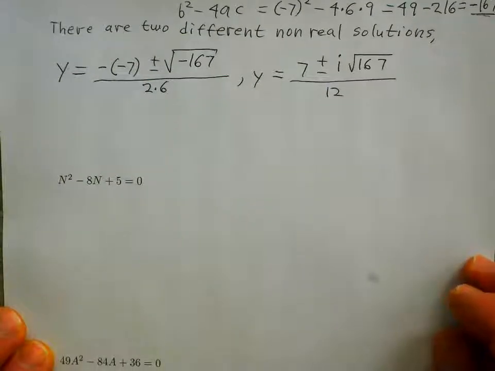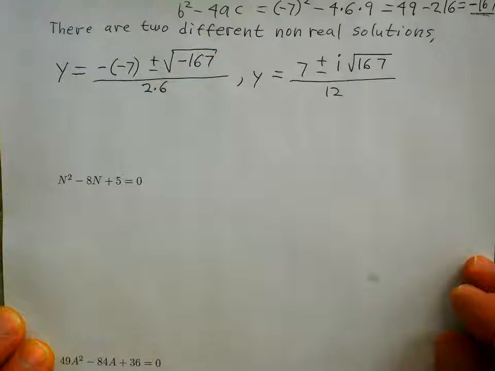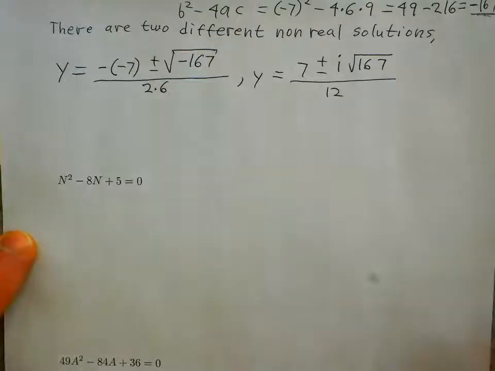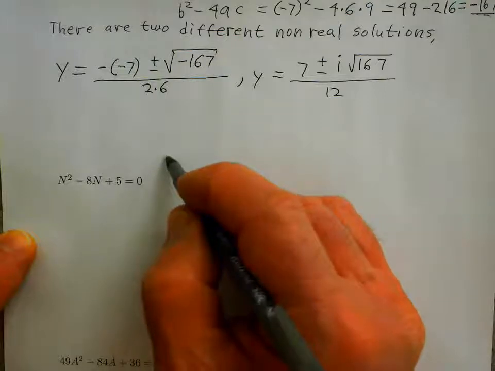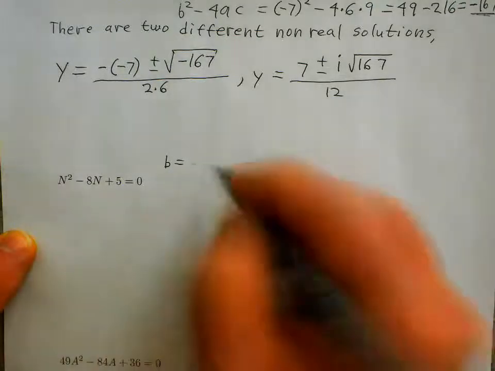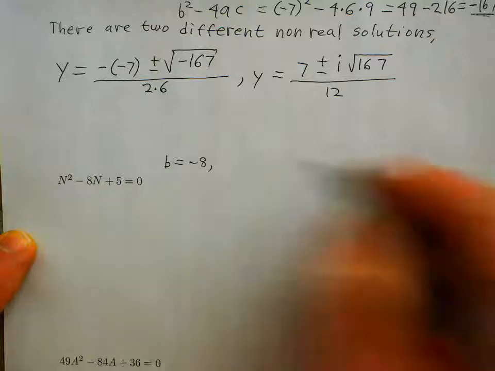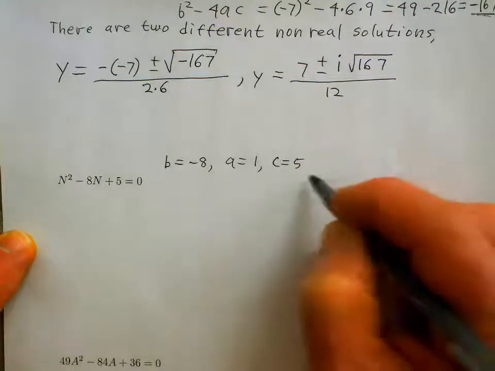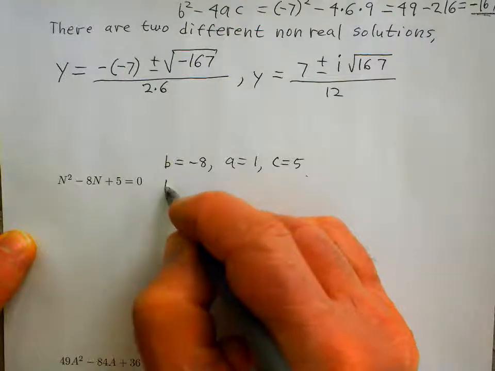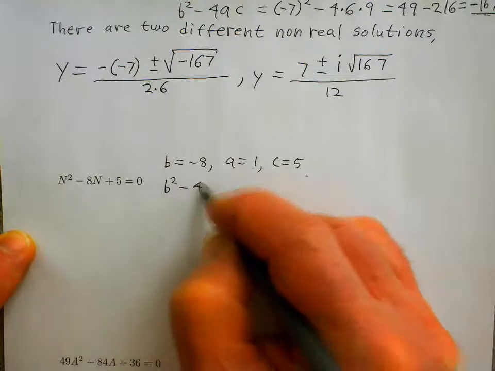Okay, the next one, n to the second minus 8n plus 5. So find the discriminant. So on this one, b is -8, a is 1, c is 5. So b to the second minus 4ac.